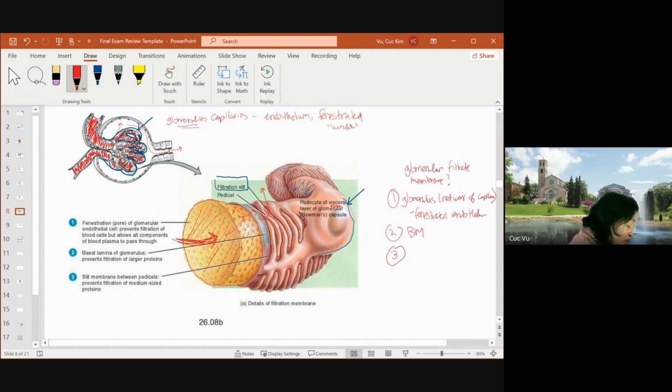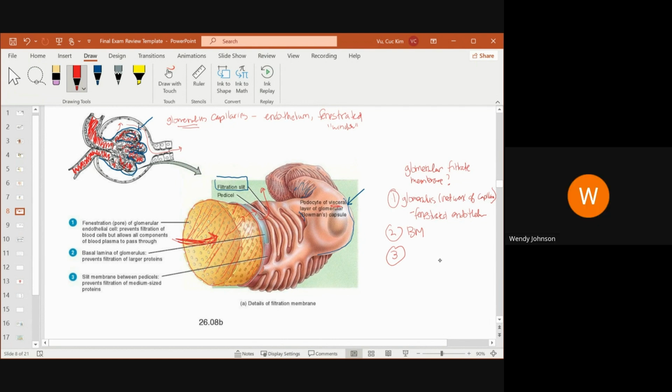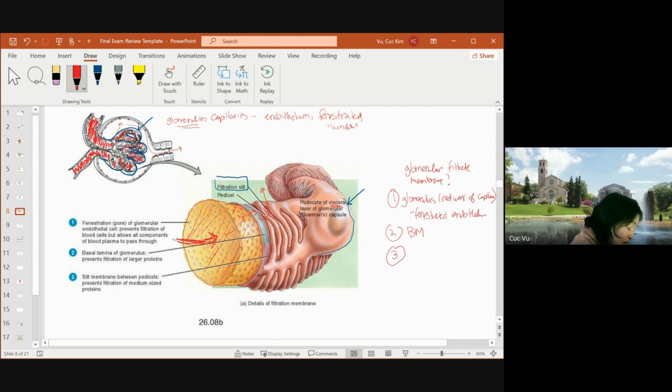What do the filtration slits belong to? Is it the podocyte? Yes. And what do the podocytes belong to? Keep going. You're doing a really great job. What do the podocytes belong to?